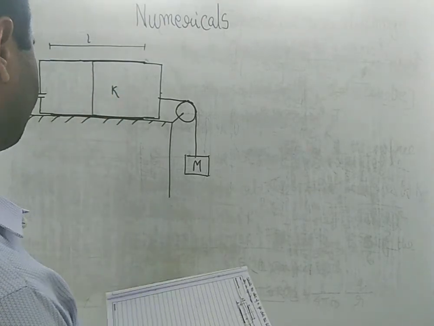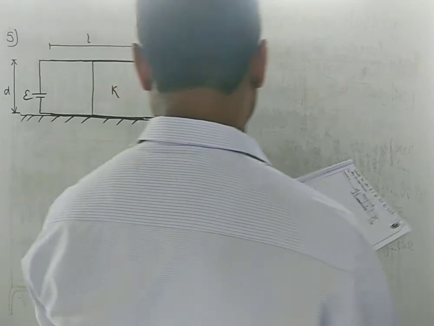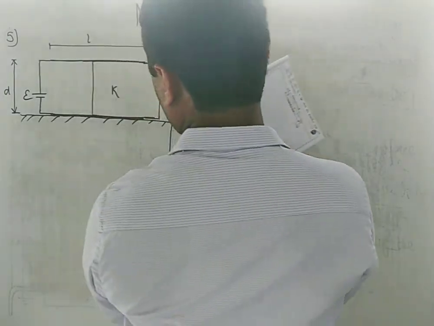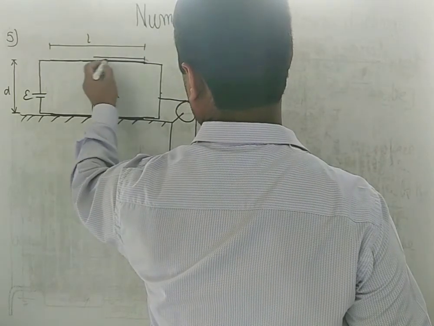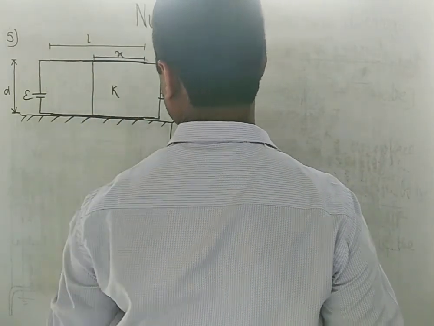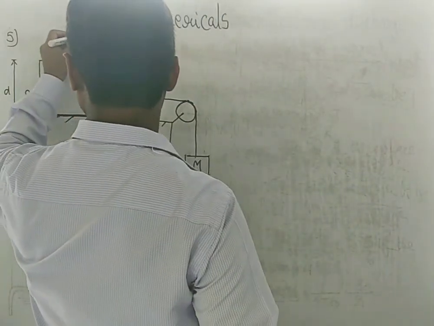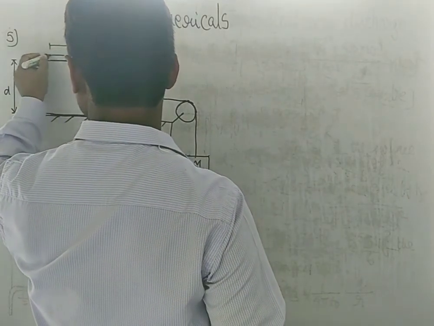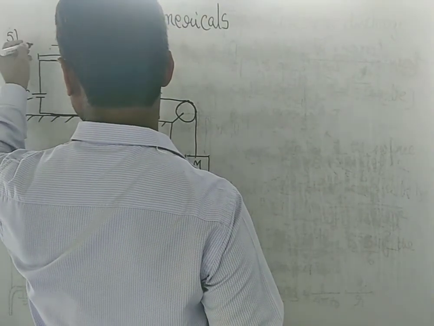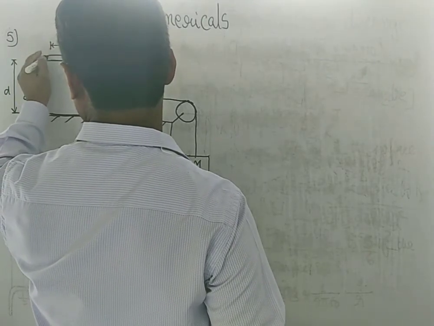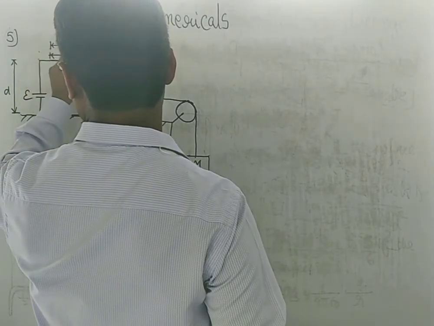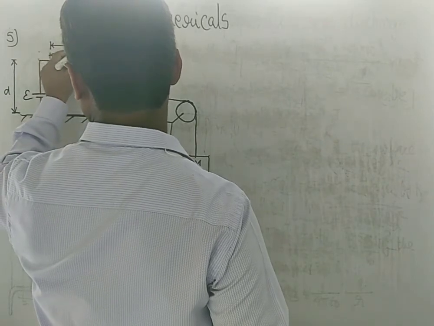So let's begin. Now suppose the distance of this dielectric slab inside is x, so the remaining distance is L minus x.